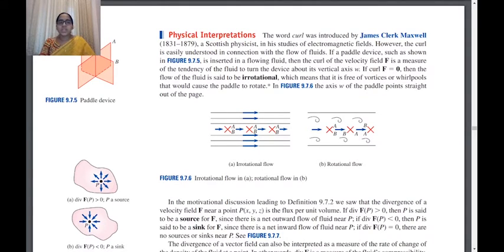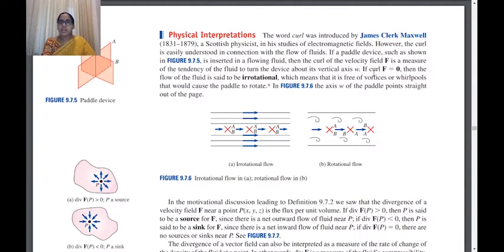Here in figure 9.7.5 we have a paddle device. The curl can be considered as the measure of the tendency of the fluid to turn this device. If we allow a fluid to flow through this device, curl will be the measure of the tendency of that fluid to turn this device about the axis W.